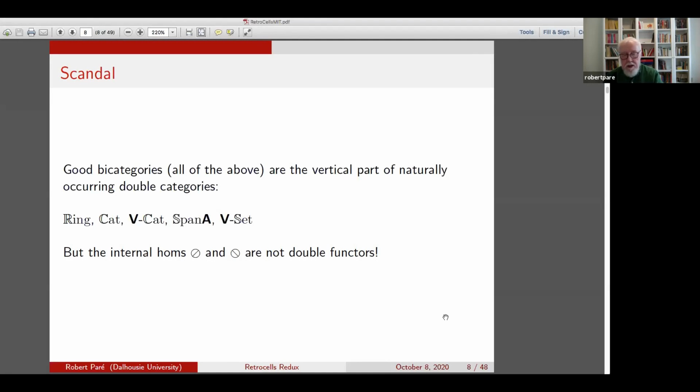I'll explain in the next slides what these are. And prof is in the double category that's called cat, and vcat is for vprof, and then there's a double category of spans, and something I call vset, which comes from matrices. But the problem now is that these internal hums are not double functors. They don't work well at all with double cells.